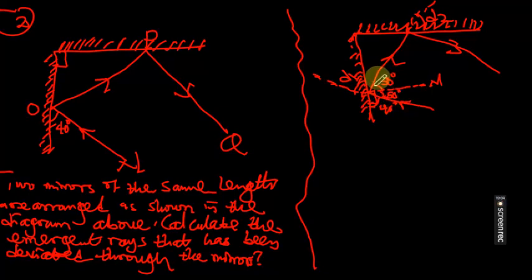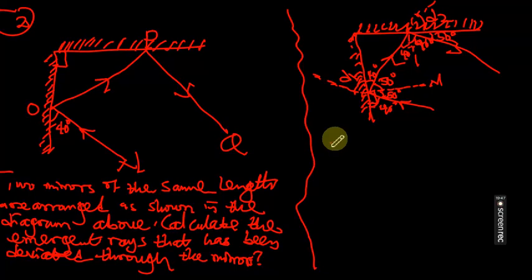Here also you have the glancing angle to be 40 degrees. Come back to this place. If this part is 40, that shows that this part is 40 degrees. Alternate angles are equal, so incident is 40 here, 40 degrees. So this part is going to be 50 degrees, because 40 plus 50 gives 90. So the glancing angle there is 50 degrees.